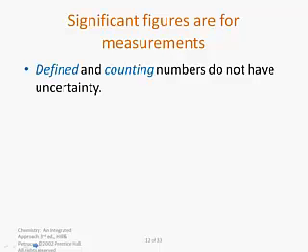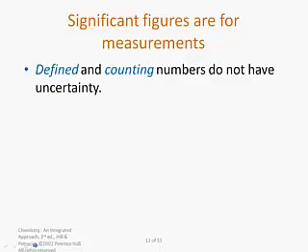The same thing with counted numbers. A counted number is when you are counting things that are basically whole units. You're not really measuring anything because, for example, if I count all the students in my room, I'm going to end up with a whole number. There's not any uncertainty in that. I'm not going to have half of a student, 3/4 of a student. I'm not going to use a measuring device to determine how many students I have in my room. I'm going to count them. And counted numbers also do not have uncertainty associated with them.